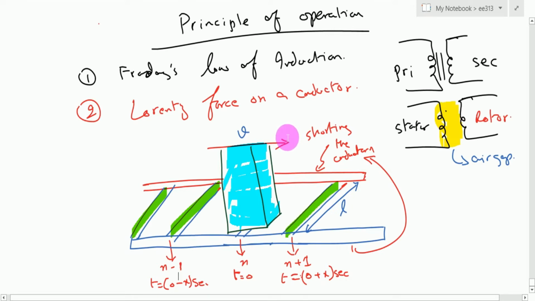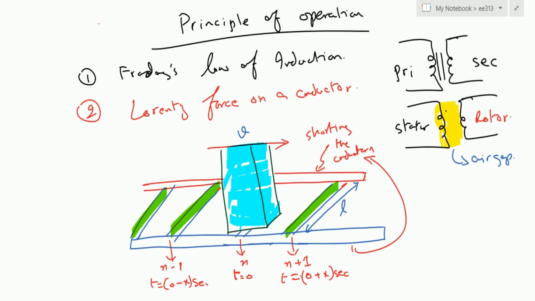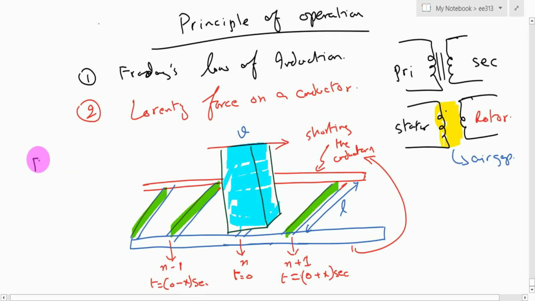So a sequence of events takes place in this ladder circuit. The first is that a voltage E will be induced on these conductors, and the voltage E is equal to BLV, because of the application of Faraday's law.